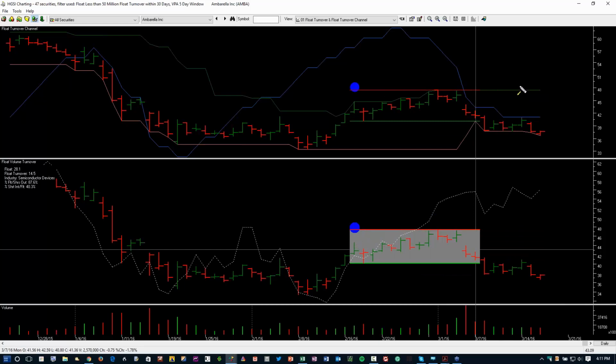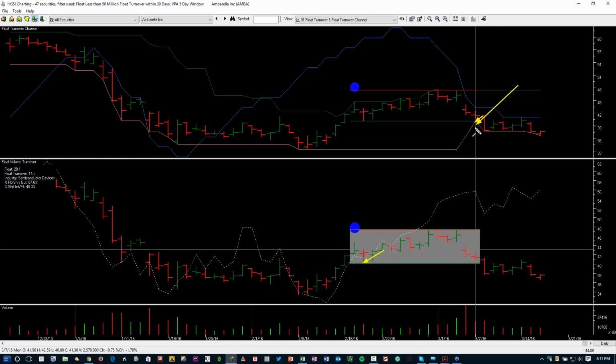When you look up here, now the low point in this float turnover period was established right here, and this line carried over. When that line was broken, theoretically, it's a good time to go short or get out of this stock.